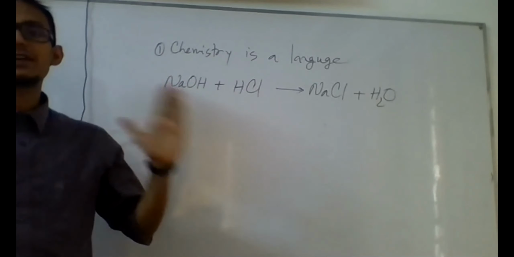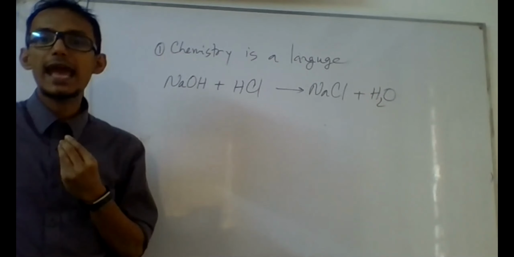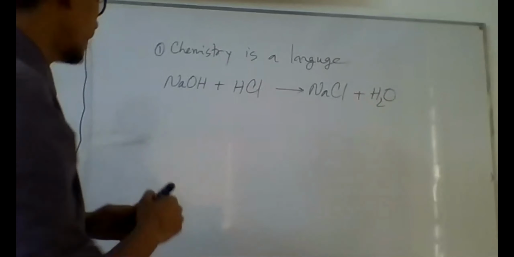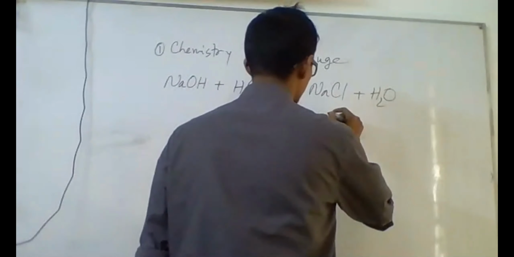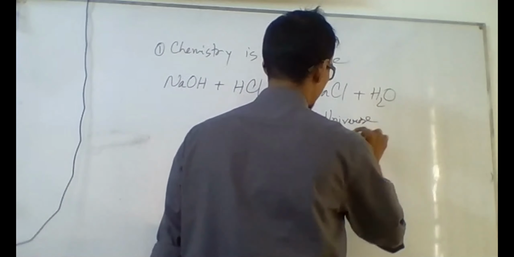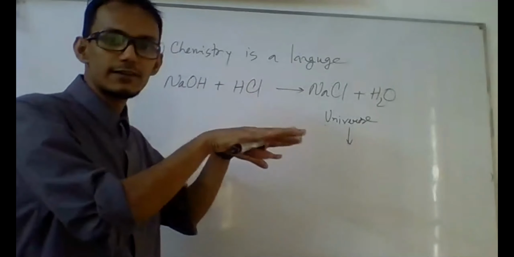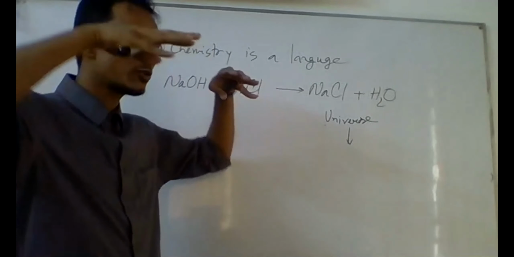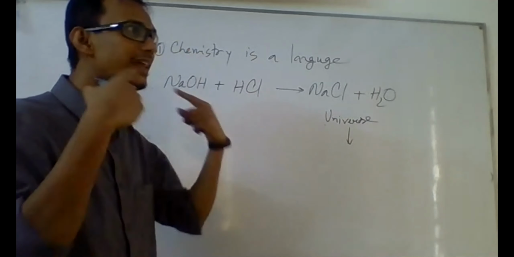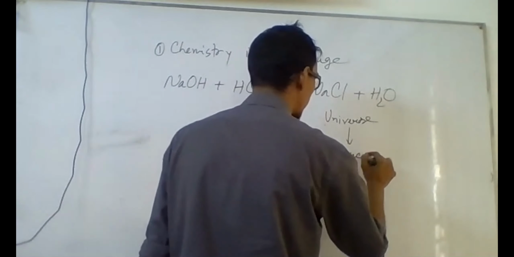So that was our first discussion, that you need to understand chemistry as a language first. Number two, I said how scientists develop science. They started looking at the universe with their naked eye and found the universe is made of some structures.